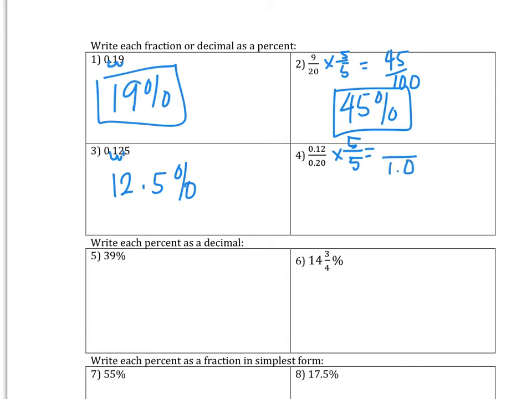We're not quite to 100 yet, but we're getting closer. 0.60. Multiply that by 100 because we want it out of 100, top and bottom. We have 0.60 and we multiply it by 100. We're moving it over 2 place values. So 60 over 100, which is 60%.